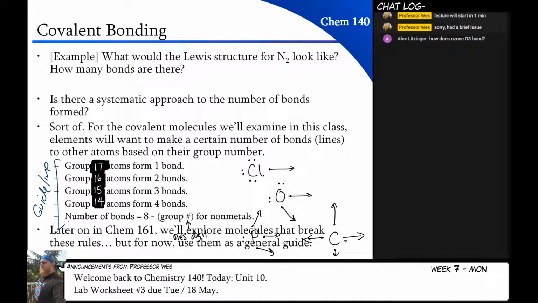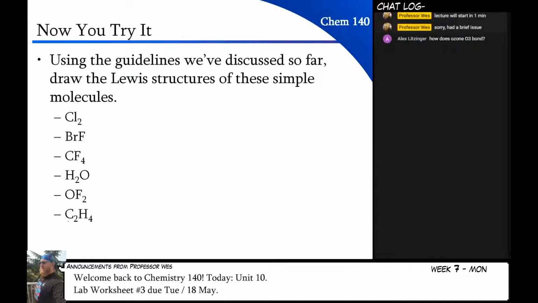Now, for the molecules that I'm going to give you on here, all of these molecules follow the guide. These are very simple molecules. You can solve these by playing connect the dots. The last one's a little tricky. There is one correct answer, though.